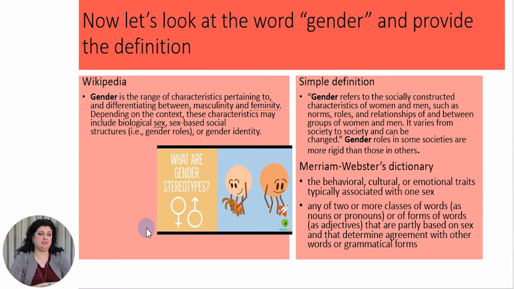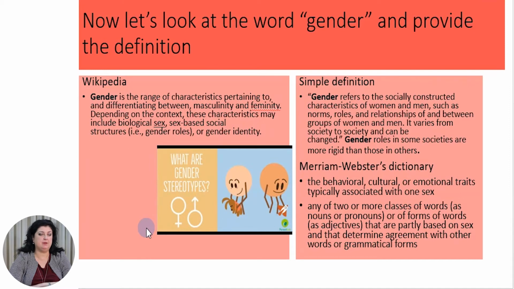From the simple definition, we see that gender refers to the socially constructed characteristics of women and men, such as norms, roles, and relationships of and between groups of women and men. It varies from society to society and can be changed. Gender roles in some societies are more rigid than those in others.